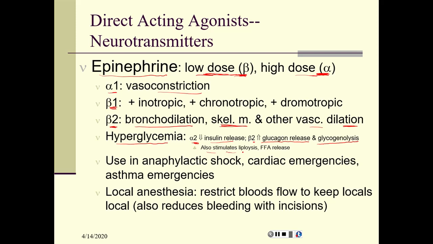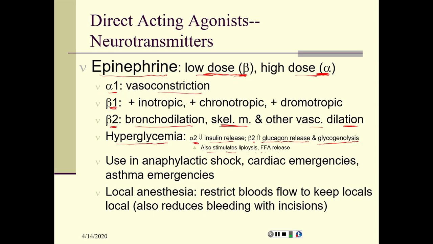It also stimulates lipolysis and fatty acid release. So all this is getting energy levels of carbohydrates and fatty acids up in the blood, right? Because remember, epinephrine is an emergency drug, and it's making energy stores available for use, right?